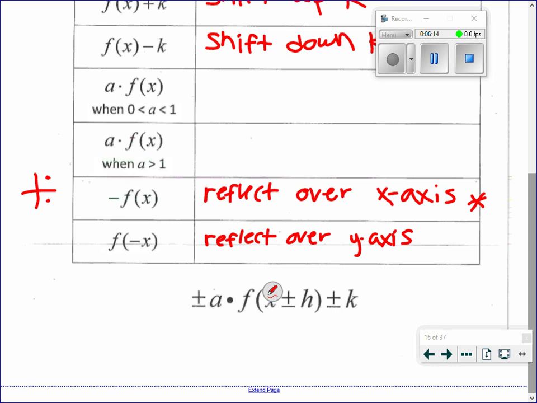So thinking about what we call that, we're going to call that a vertical stretch. And it'll be by vertical stretch by whatever your A value is.